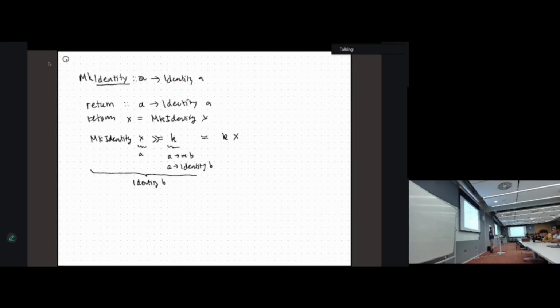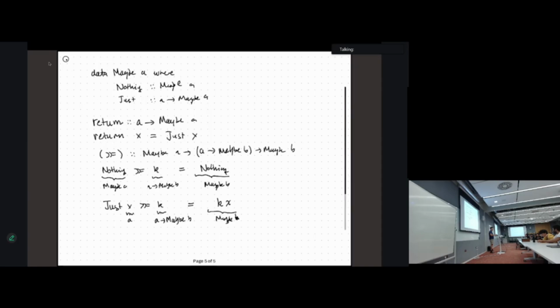So they are basically synonyms for each other, and so it should be no surprise that they interact with bind in the same way. They just apply. So on reflection, that tells you that if you're in a just branch, just is going to behave just like function application. In other words, purity is preserved in that branch. Everything is good. But if you see a nothing, then everything dies.